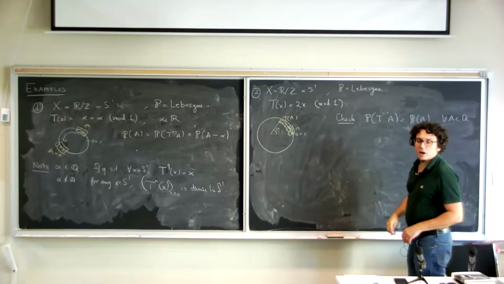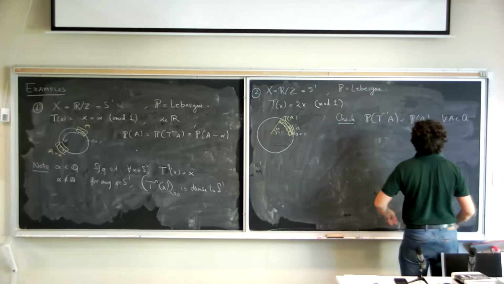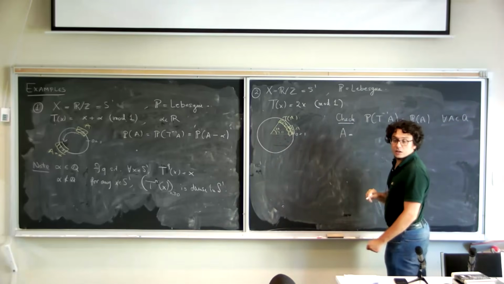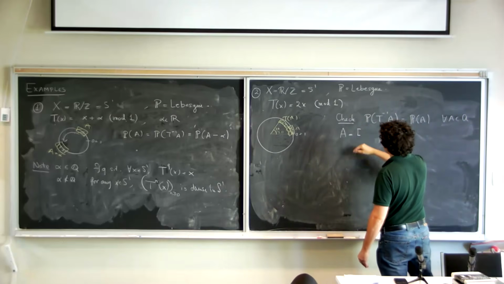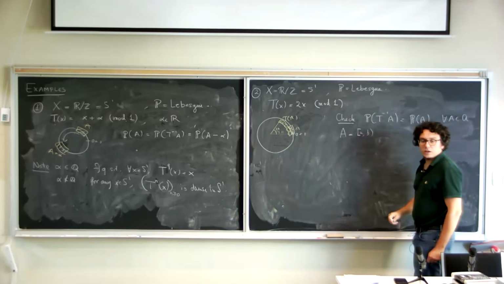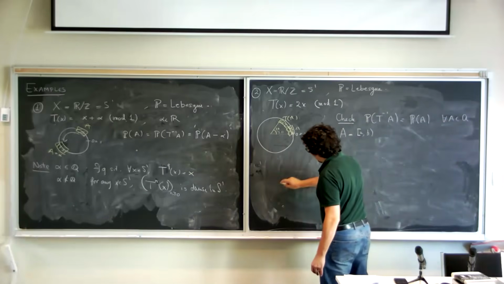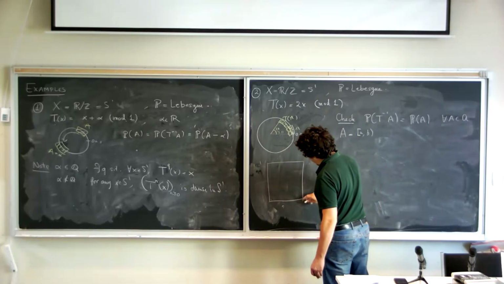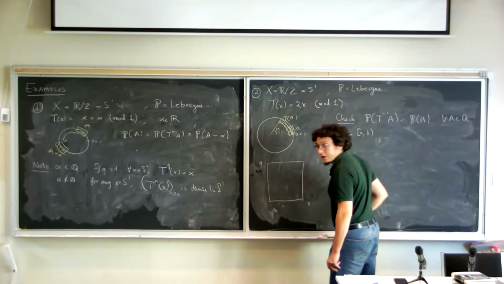Well, the sigma algebra is generated by intervals, so we can just check for intervals. So let's say A is an interval between A and B. Let's draw this map as a graph, as a function. So 2x, you have the x and the y coordinate here.